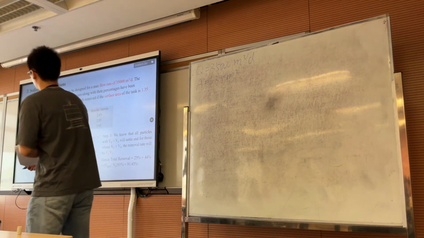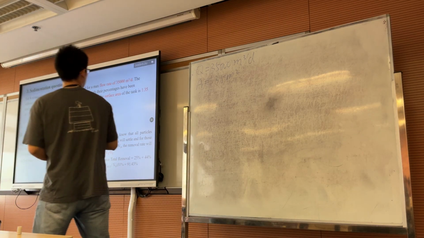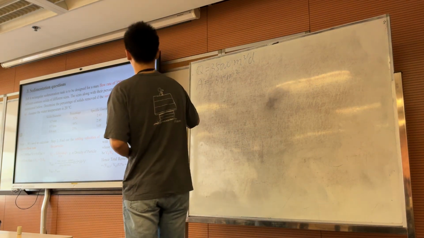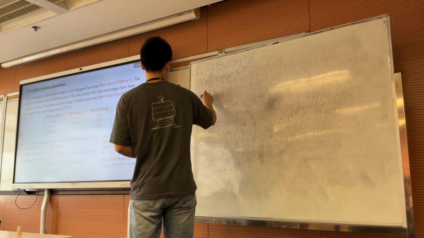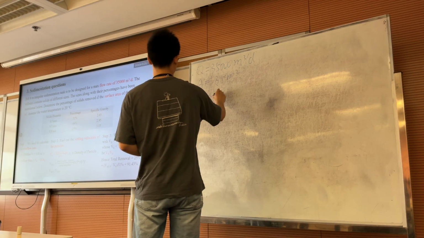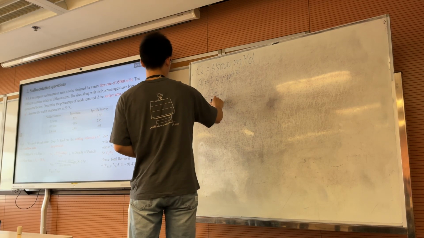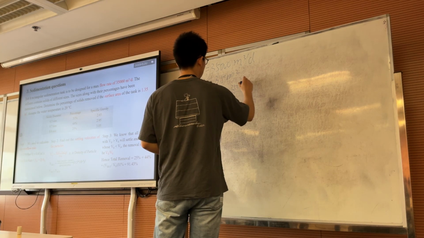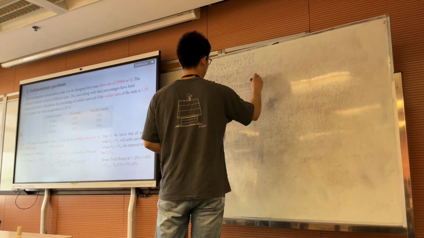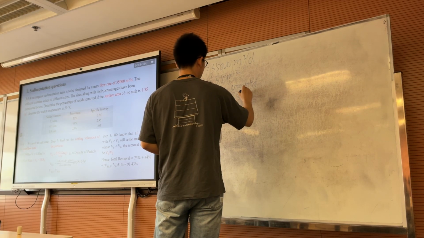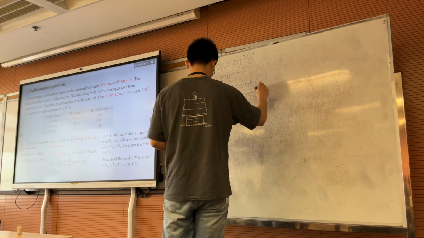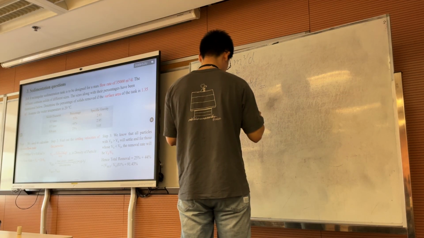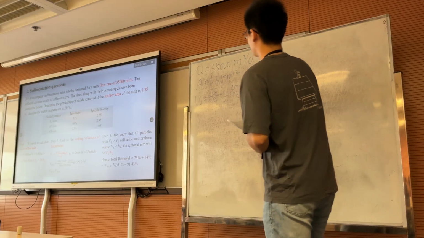The first step is to calculate the overflow rate. We can use Q and A to calculate the overflow rate. Overflow rate equals Q divided by A. Remember to change the units.